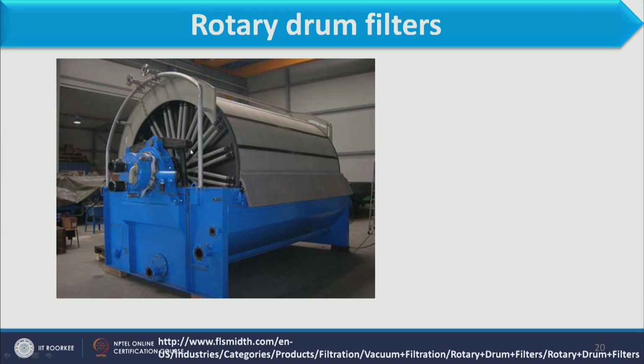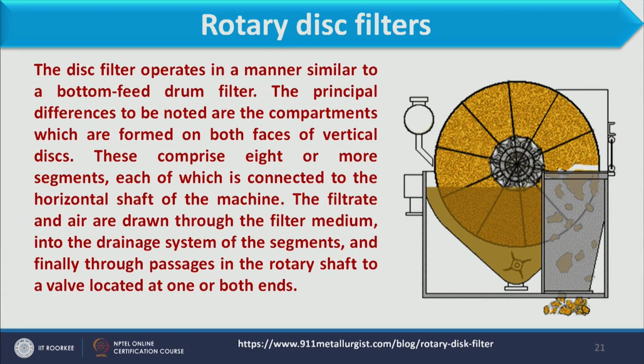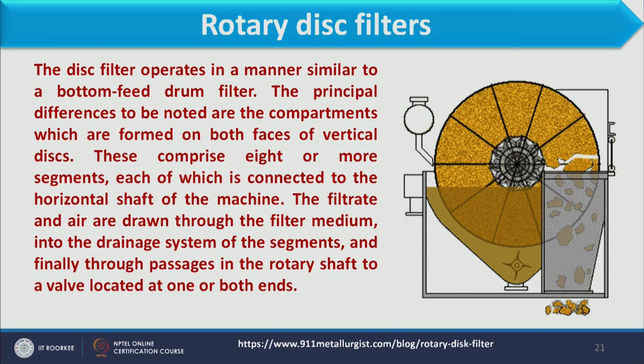So these are a few facts about rotary drum filters. This is how it looks in industry, as you can see from this image. You can go through this website in detail, and here you see the knife which continuously removes the cake. Next equipment we have is the rotary disc filter.